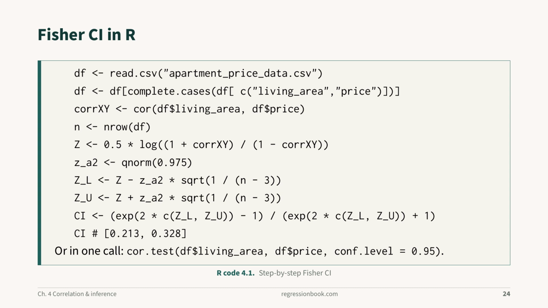The R code walks exactly those steps. Read the data, compute the correlation, transform, add and subtract 1.96 standard errors, and back transform both endpoints, landing on 0.213 to 0.328. And once you have seen the steps, the one-call version at the bottom, the built-in correlation test with a confidence level, does it all for you.